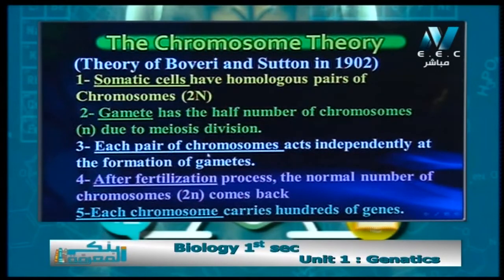Each pair of chromosomes acts independently at the formation of gametes. After fertilization process, the normal number of chromosomes 2n comes back. Each chromosome carries hundreds of genes.